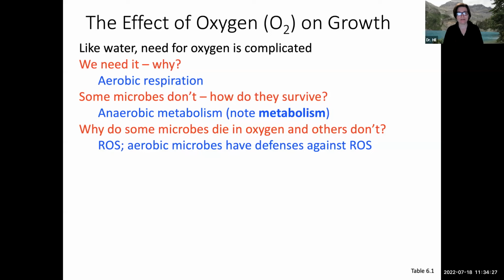It runs around in the body, bumping into membranes and proteins and carbohydrates and damaging them. It's one of these reactive oxygen species that cause premature aging and damage. High enough levels will kill you. Organisms that can grow in oxygen have defenses to detoxify the toxic byproducts of living in oxygen.